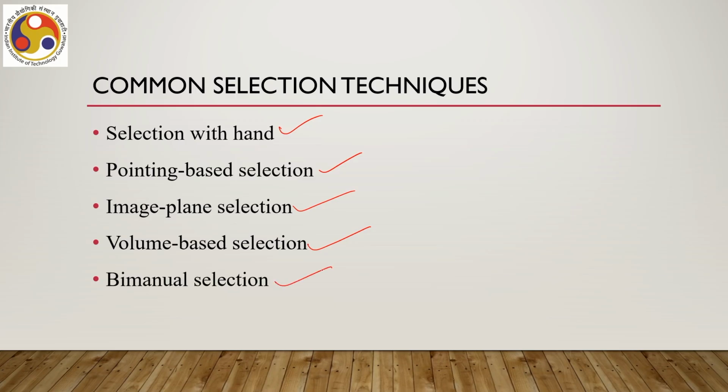So, we have different methods to select objects in a virtual world, and the suitability of a particular method depends on the selection parameters which we have discussed in the previous slide.